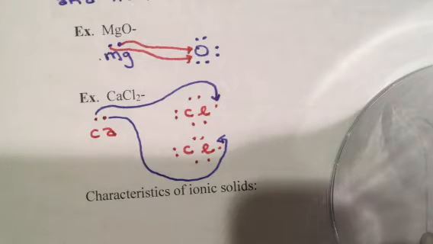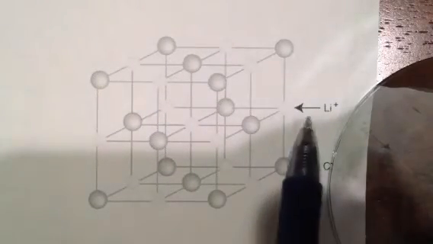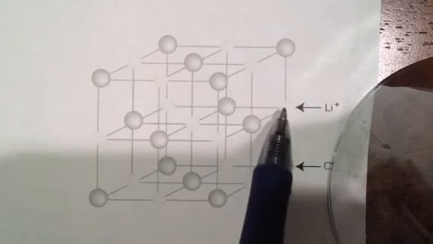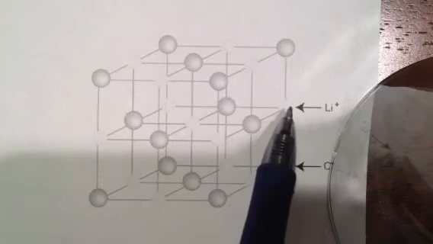Okay? So let's talk really quickly about some characteristics of ionic solids. If you notice really quickly, the way that ionic solids are organized, let's say you've got lithium chloride, so you've got Li plus and Cl minus. Well, that lithium is going to be surrounded by 6 other chlorides.